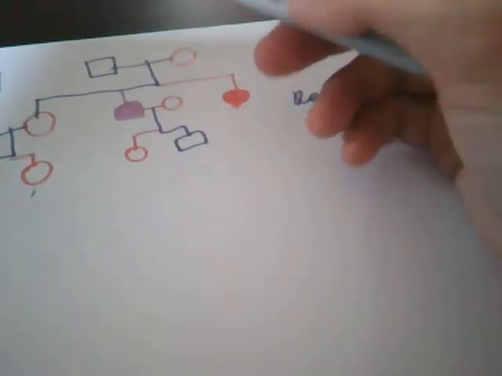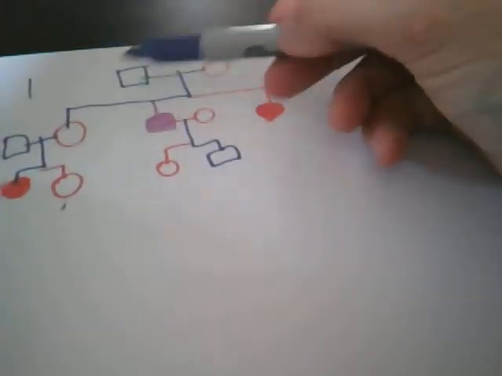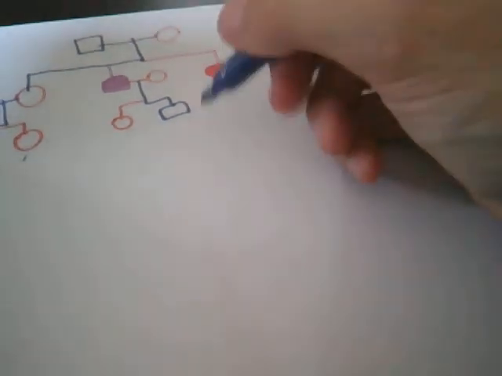Now, pedigrees basically, that's another example there, showing how without a parent having a defective gene, you can get someone with a defective gene, through recessive genes.